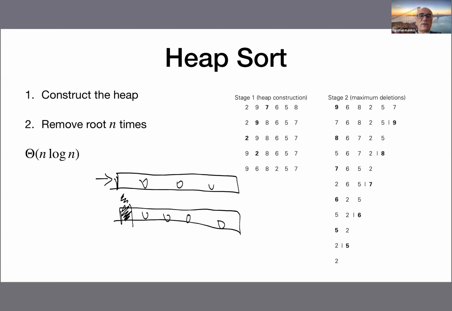That means whenever you need the minimum or maximum, you can do it very efficiently in constant time. You can go and fetch it. But after you fetch this element, you need to make some reorganization in your data structure to keep the heap property, and that will cost you log n, which is not bad. So after each operation, I will do a log n time housekeeping on my array to sustain this heap.